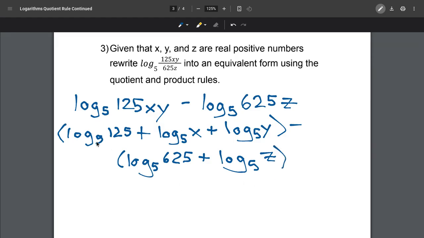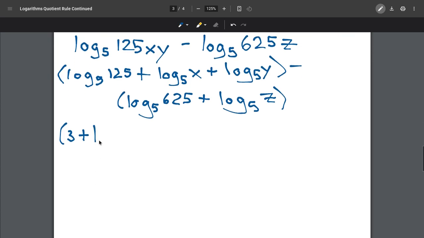Okay, so let's figure out log base 5 of 125. Well, I'm just going to make room in this corner here, do 5 times 5 times 5. Well, that equals 125. So that's 1, 2, 3 5s. So log base 5 of 125 is going to be 3. Plus we've got log base 5 of x plus log base 5 of y.